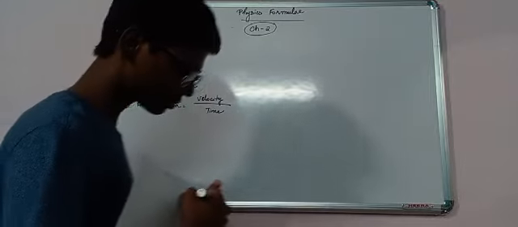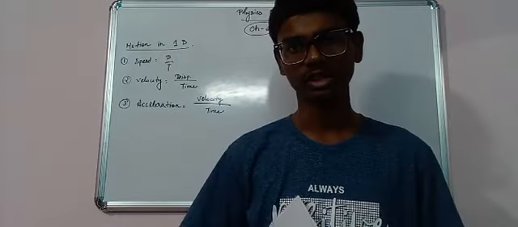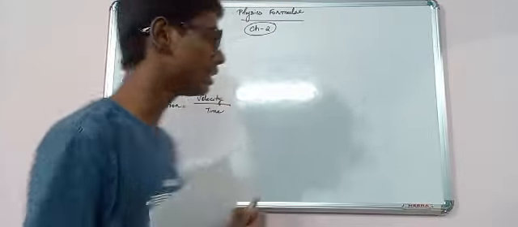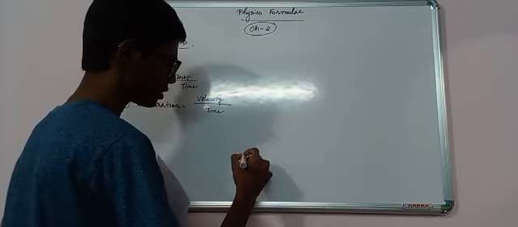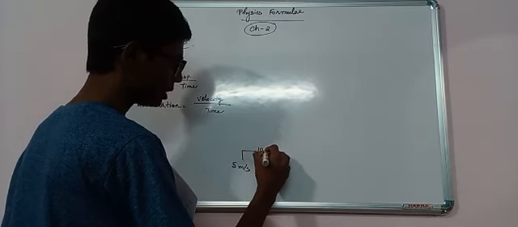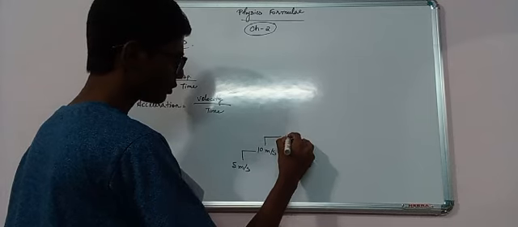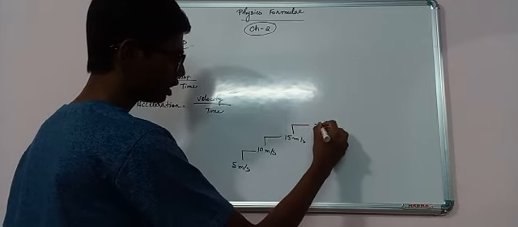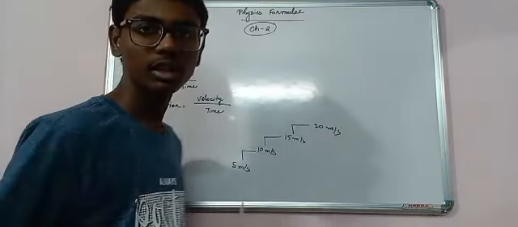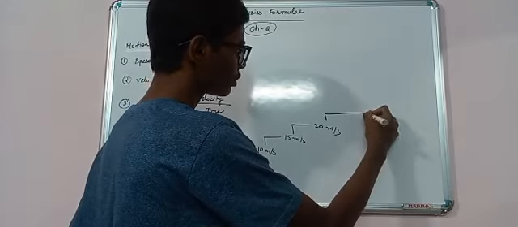Acceleration is the rate of change of velocity. Suppose at the first instant the body is at 5 meter per second. Second instant it's 10 meter per second. Third instant it's 15 meter per second. Fourth instant it's 20 meter per second. Then at the fifth instant it's 25.